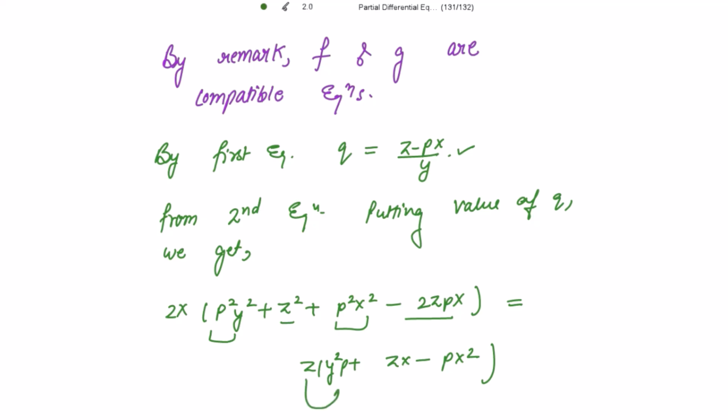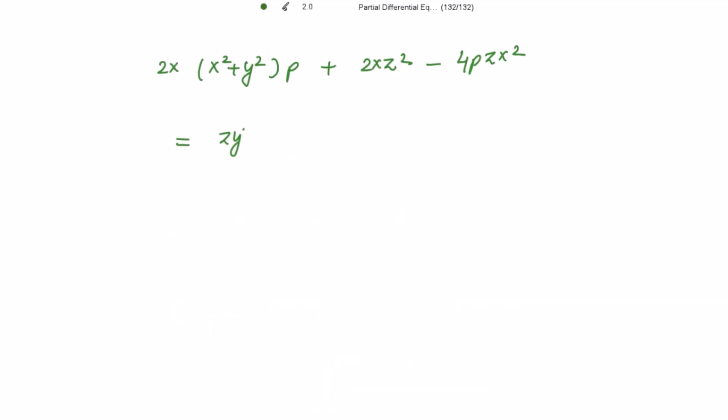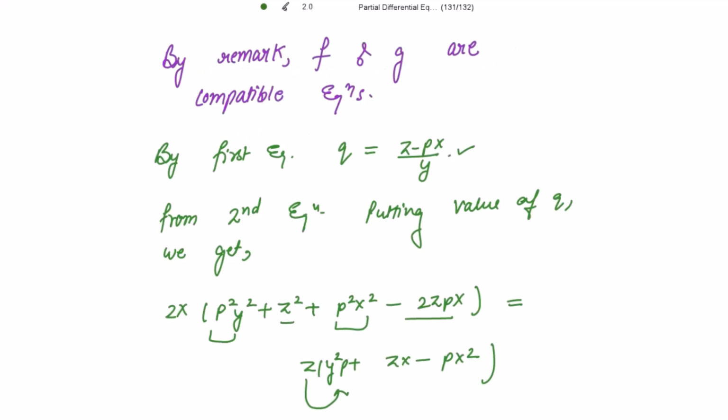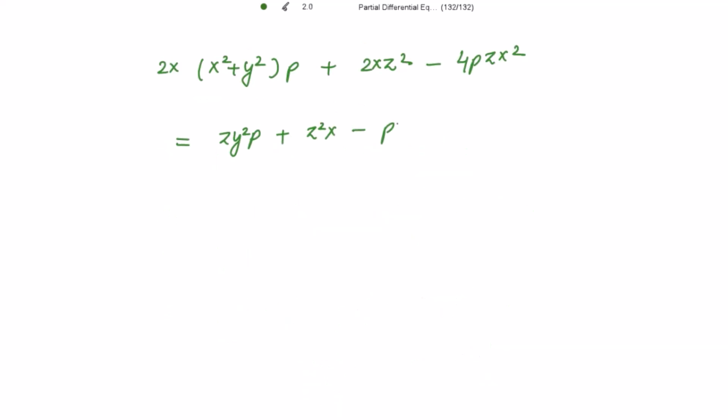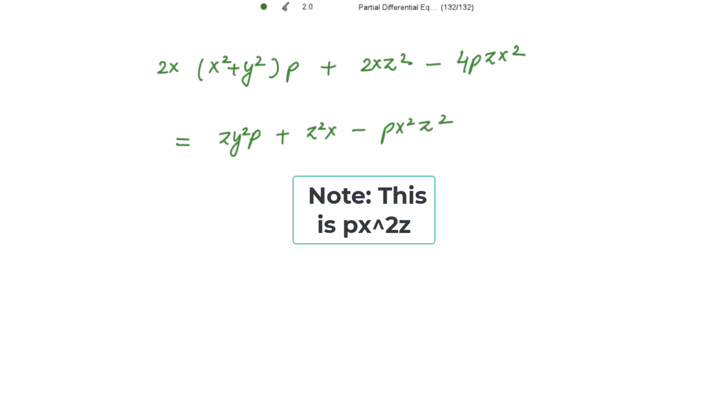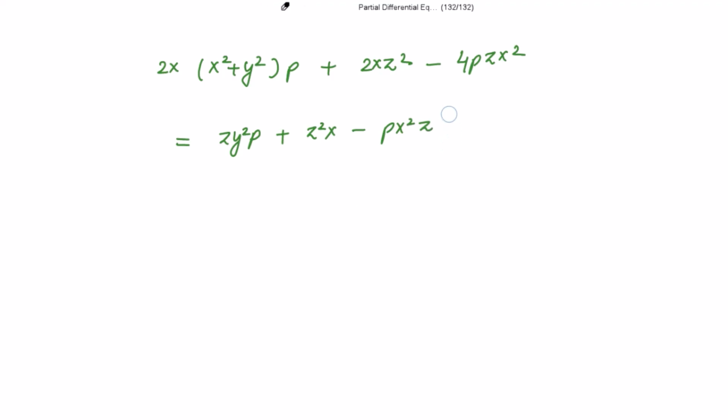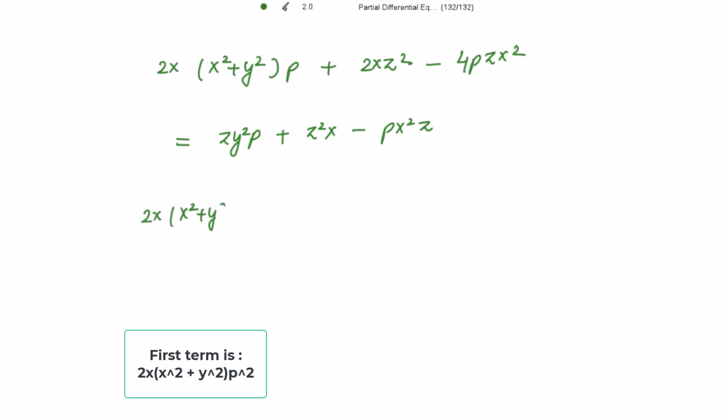Then z is multiplied with this. This is equal to zy square p plus z square x minus px square z. Sorry, this is px square z. So this is 2x into (x square plus y square) into p square. This minus 4pzx square, and from this we get minus 3pzx square. Then plus 2xz square.